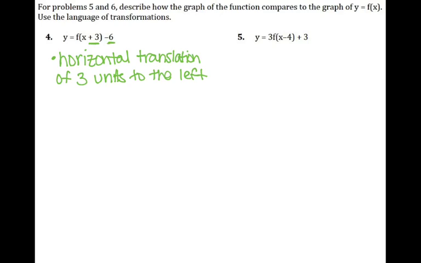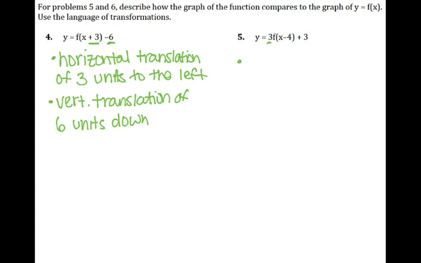And then the minus 6 on the outside is a vertical translation of 6 units down.